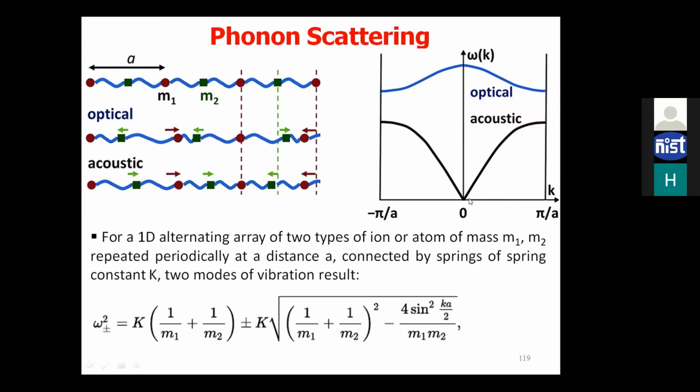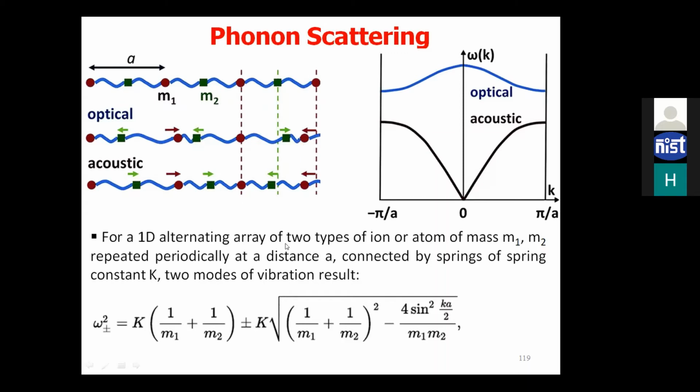Whereas in the case of acoustic, at the center it is quite 0, and it increases towards both sides of the zone. This phenomenon can be expressed in terms of the dispersion relation, omega square plus or minus this. Here K seems like a spring. Let us consider it as a spring. If it is a spring, then it has a constant, the spring constant. The spring constant is capital K, and it is shown in 1D.